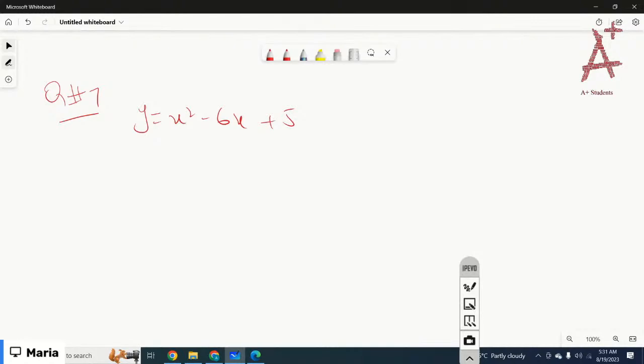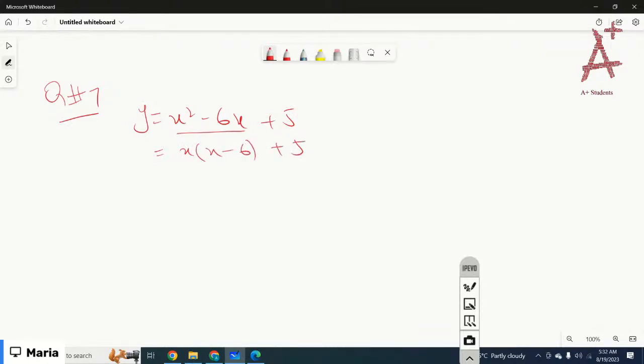Okay, so you have to partially factor the equation, right? No, no, no, you cannot factor fully. You have to partially factor. How do we partially factor? From here, we can take common x. It would be x times (x minus 6) plus 5.